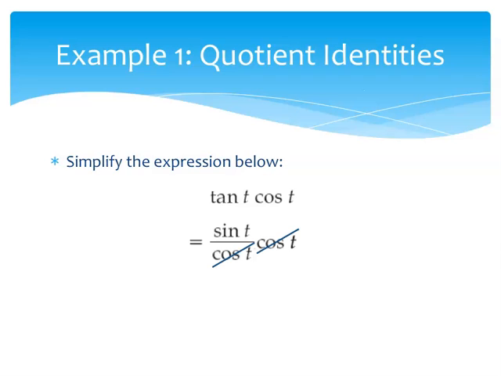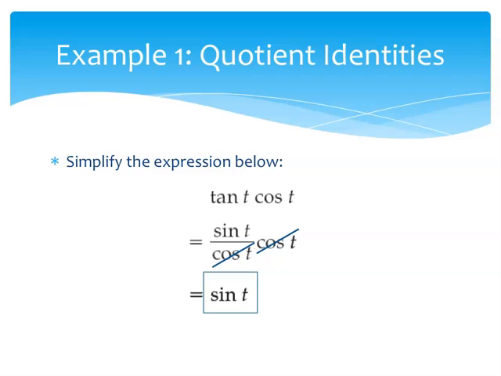So because that cancels out, then this is simply equal to sine of t, which is now simplified from tangent of t times cosine of t. Okay, so that's an example of how we could use a quotient identity.